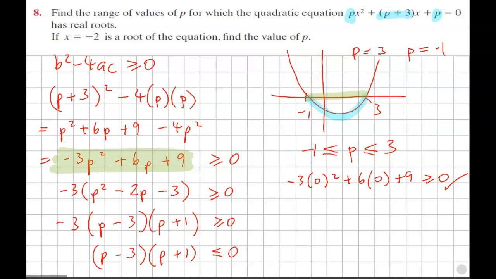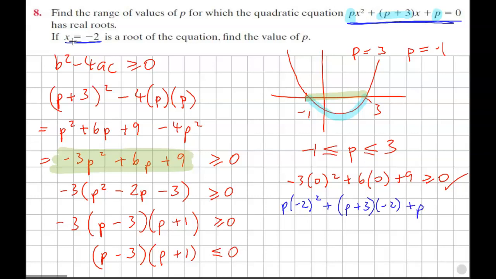Now, specifically it says x is -2 is a root of the original equation given. Find the value of p. So putting this value of -2 into the original equation, we're going to get p lots of (-2) squared plus (p minus 3) lots of -2 plus p.